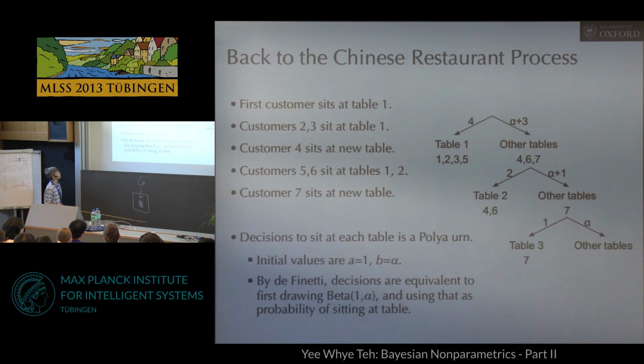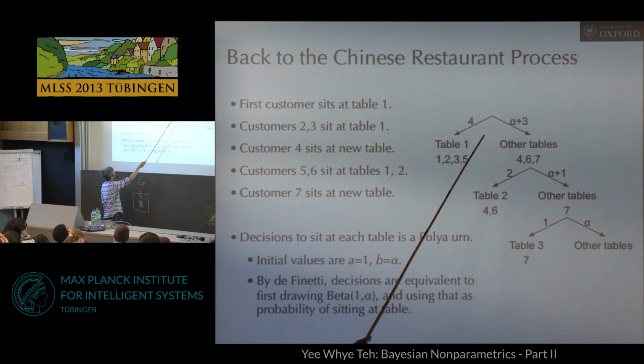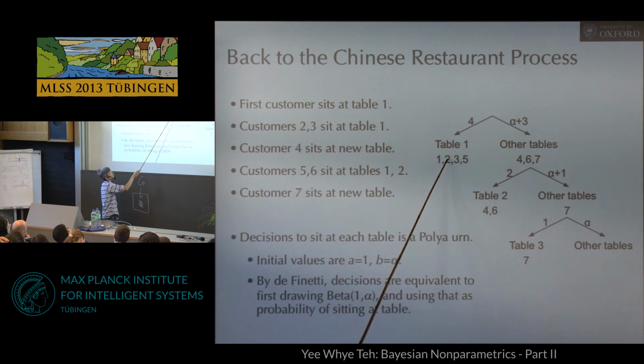Right. So the initial values are A equals 1, B equals alpha. If you think about the sequence of decisions made at the top here, we can go back to de Finetti's theorem and say the decisions are equivalent to first drawing a random variable from a Beta(1, alpha) distribution, and then using that as the probability of sitting at table 1.